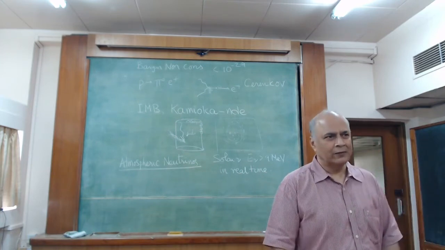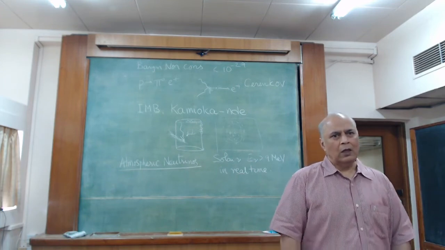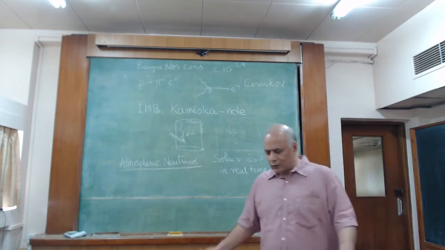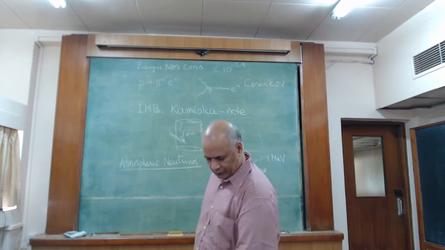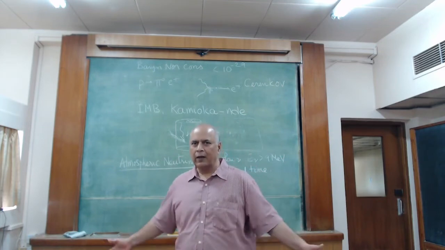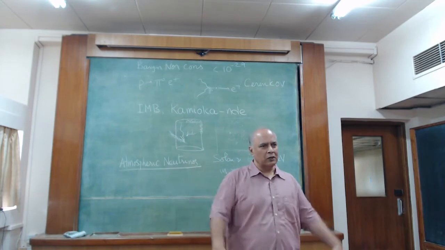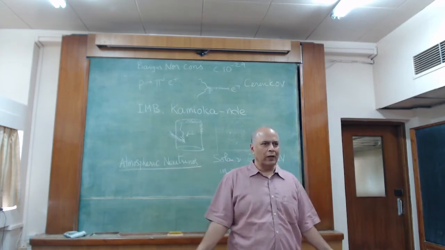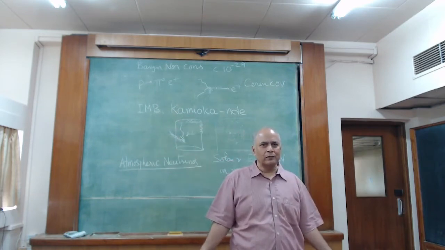Take INO for example. INO aims to study atmospheric neutrinos, but to study atmospheric neutrinos you need this big module, the INO module, the ICAL module.